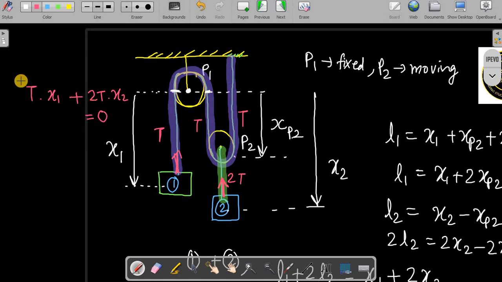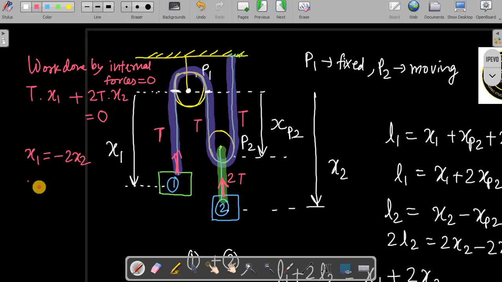The sum of all this work done by internal forces is equal to 0. So this is the work done by tension, right? Tension will get cancelled, you will get x1 is equal to minus 2x2. Now if you differentiate, you will get v1 is equal to minus 2v2, and further differentiate, a1 is equal to minus 2a2. Isn't it very much a shortcut?